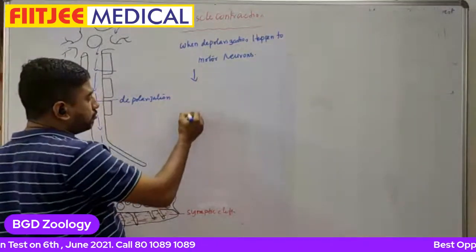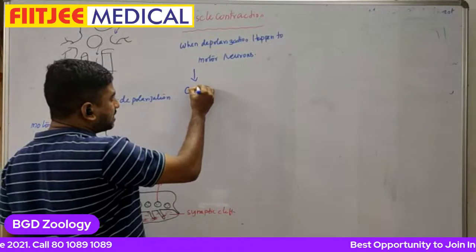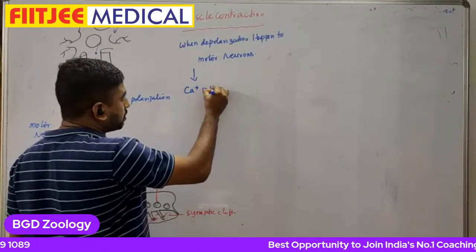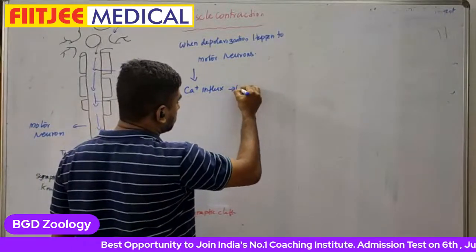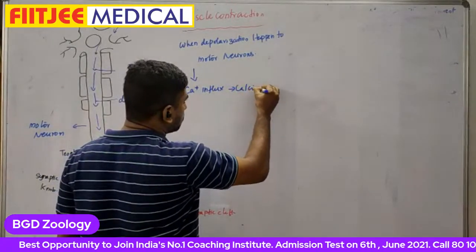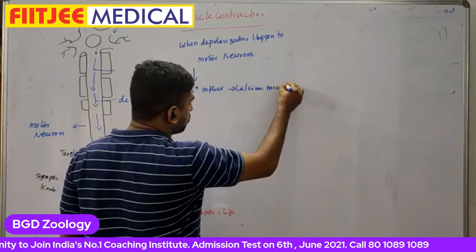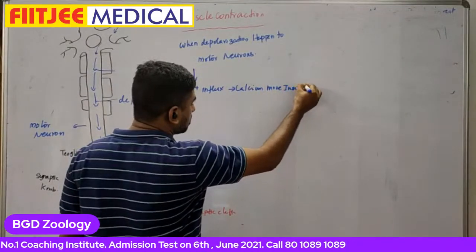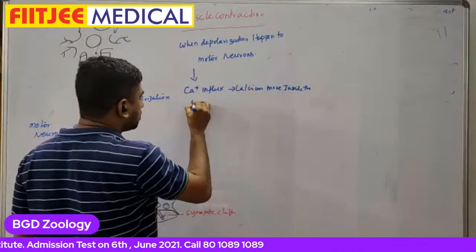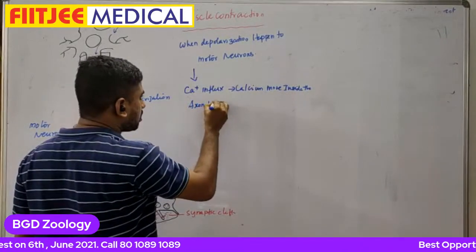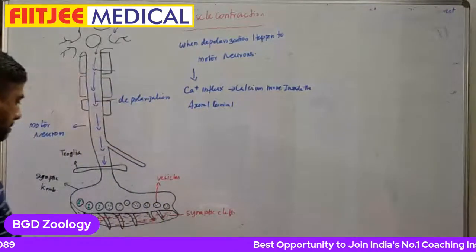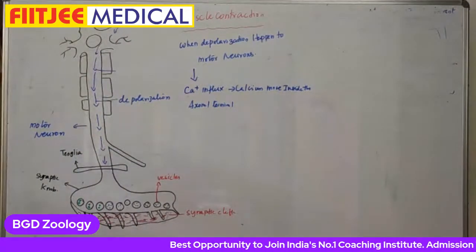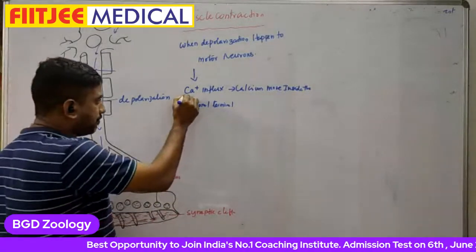This depolarization will bring calcium influx. That means calcium will move inside the axonal terminal. Clear? What is the requirement of this calcium influx?